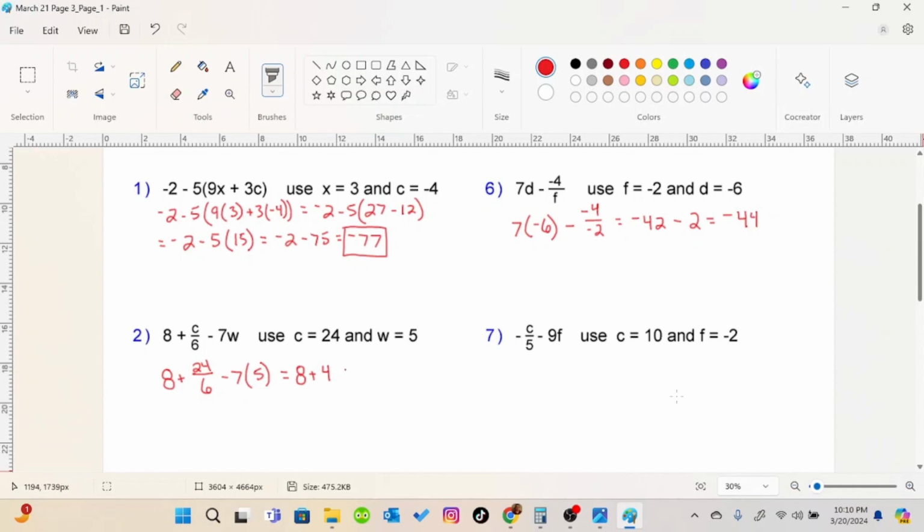And -7 times 5 is -35. 8 plus 4 is 12. 12 minus 35 is -23. Final answer.